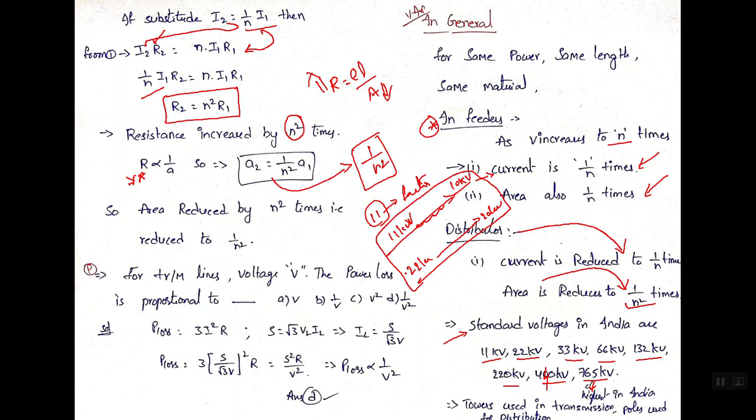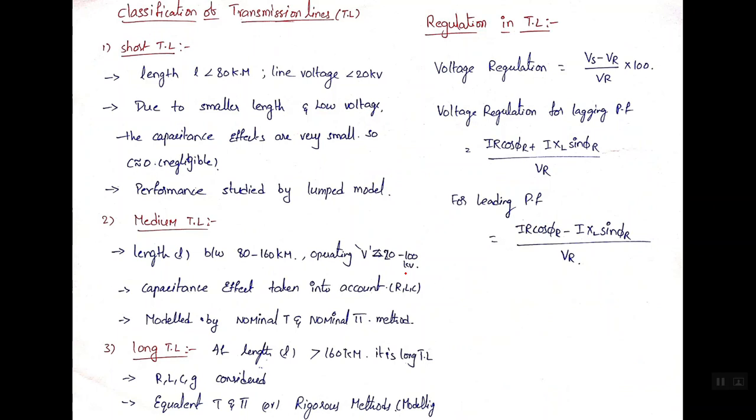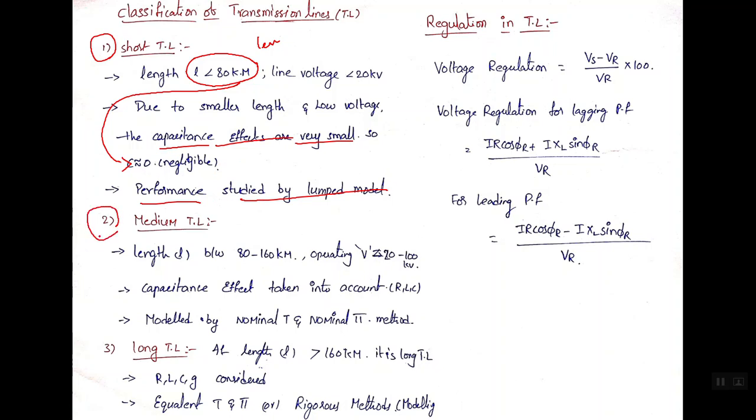Friends, the next one, classification of transmission lines. These are also important. In case of short transmission lines, the length is less than 80 kilometers. Here the length is very small, so we can neglect the capacitance effect. These are studied by the lumped model. The second one is medium transmission lines.